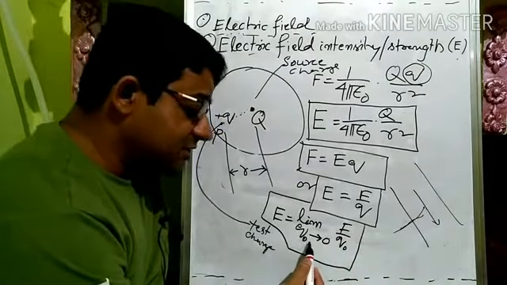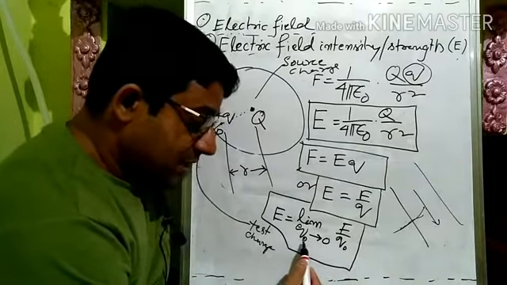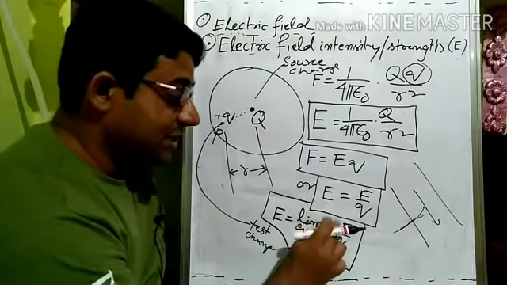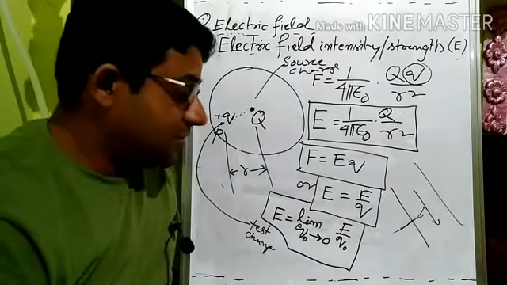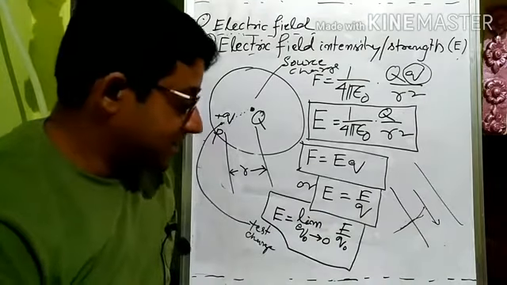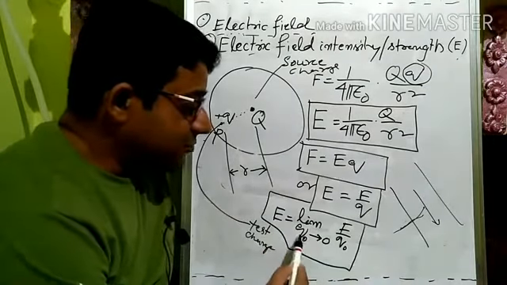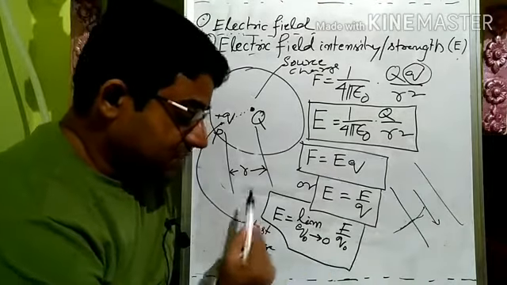If it is possible, near to 0. As near as 0, that's good. That much accurate we will get the electric field intensity. So E is equal to limit Q0 approaching 0, F by Q0.